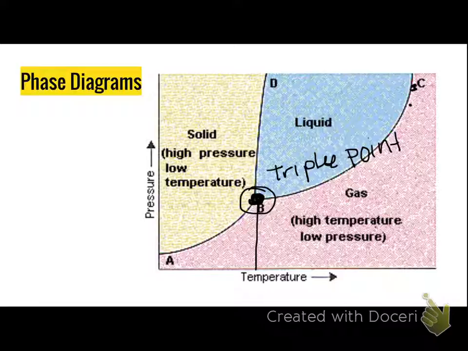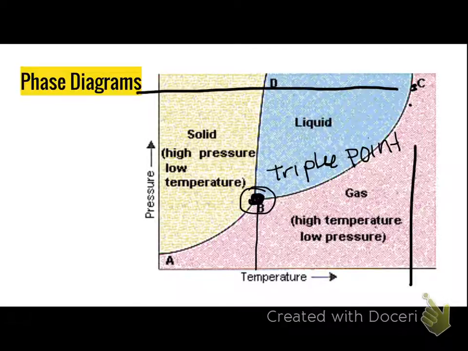And what this means is that we're at a temperature and a pressure in which we can no longer distinguish between solids and gases. So it's going to be at a very high pressure and at a very high temperature as well that we will see this. So now you kind of have an idea of what you're looking at with your phase diagram.